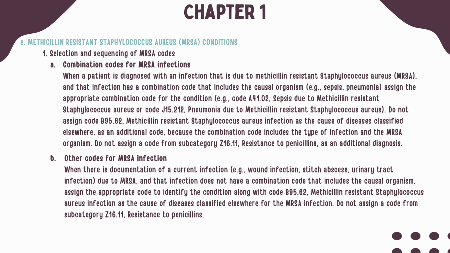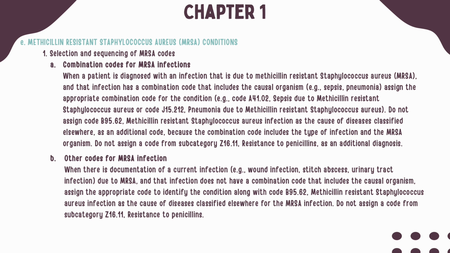In this instance, you should not assign code B95.62 for MRSA or Z16.11 for resistance to penicillins as the cause of diseases classified elsewhere, because the combo code includes the type of infection as well as the MRSA infection itself and the resistance to penicillin.